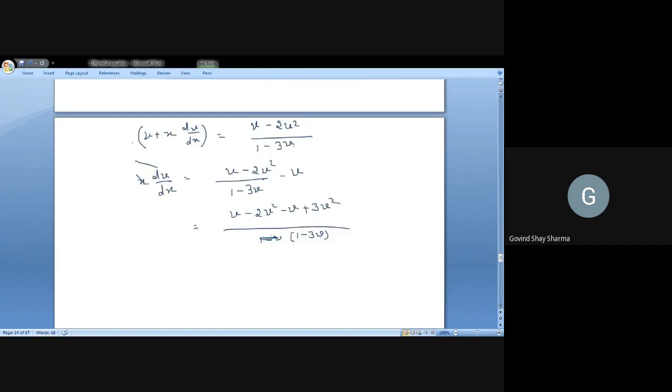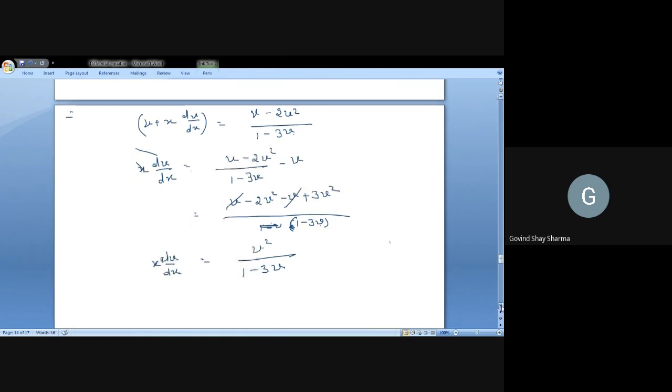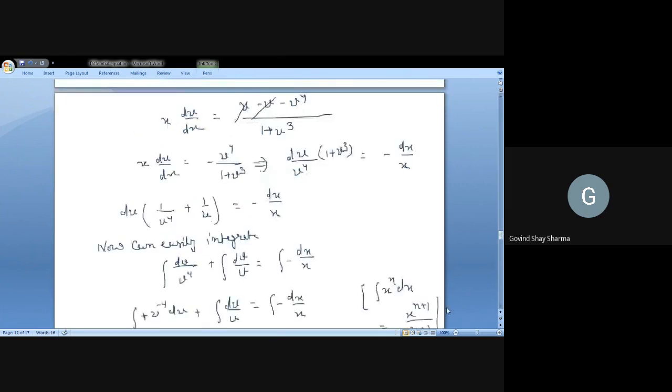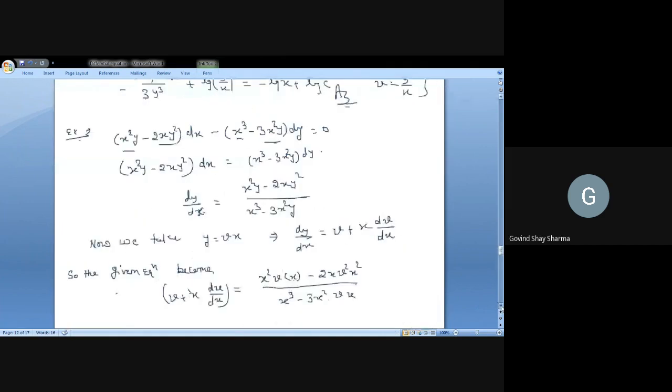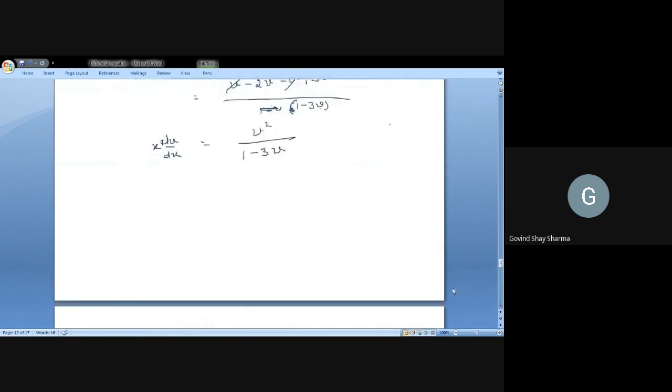Now this cancels, v and −v cancel. So v²/(1 − 3v) is equal to x dv/dx. So (1 − 3v)/v² dv = dx/x.